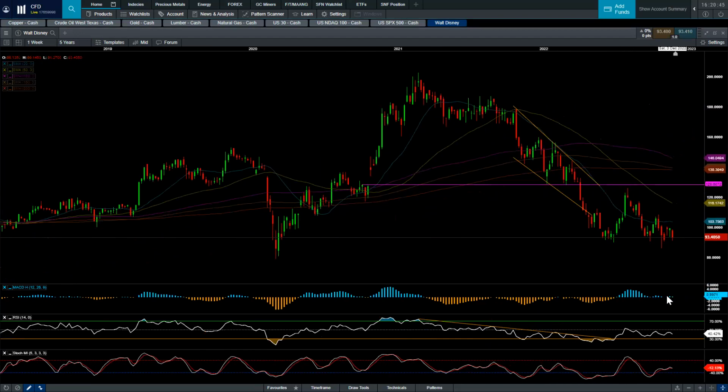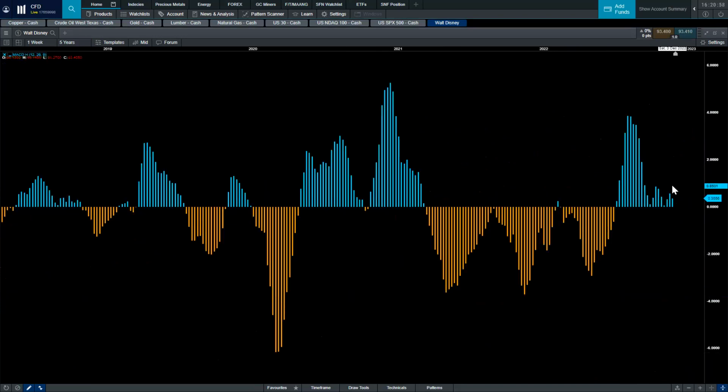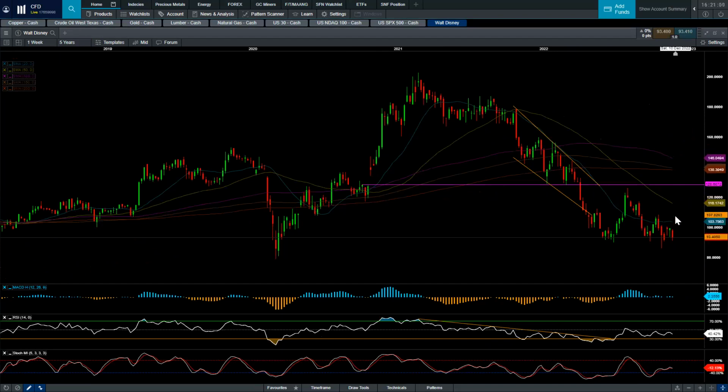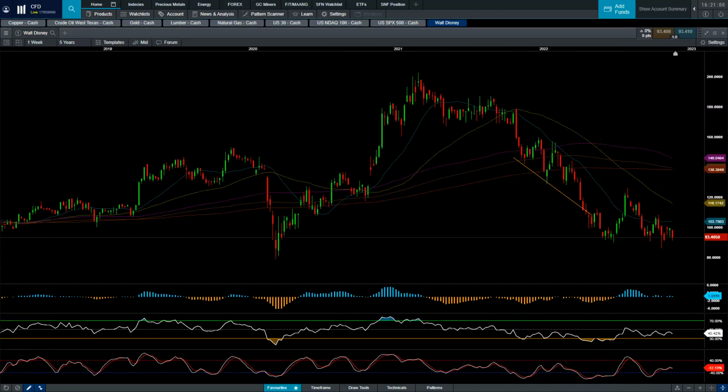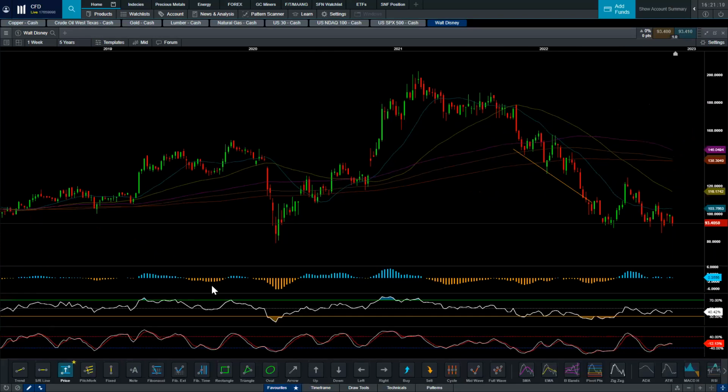Also, the momentum is down in weekly, and price is coming down as well, so there is no divergence. Basically, there's nothing there, also in the indicator. So let's go to the chart.